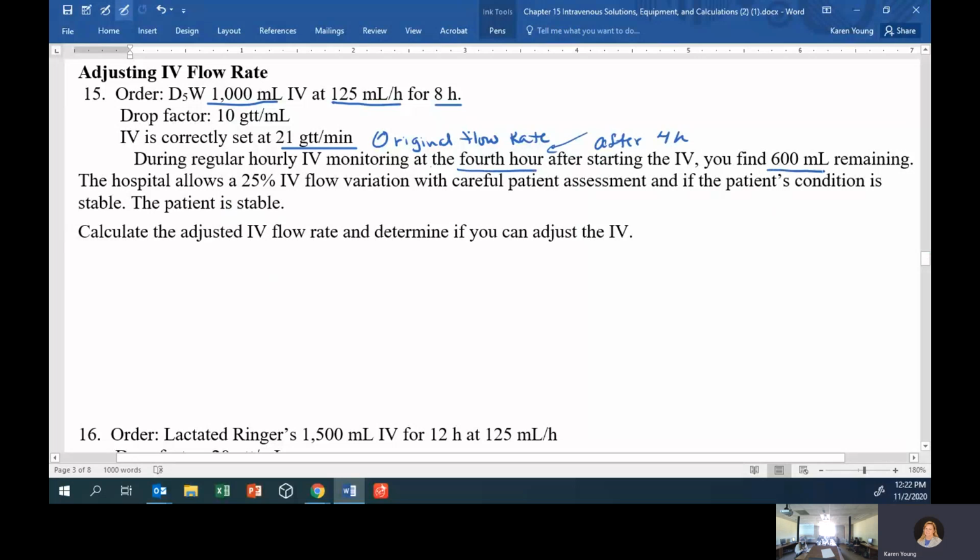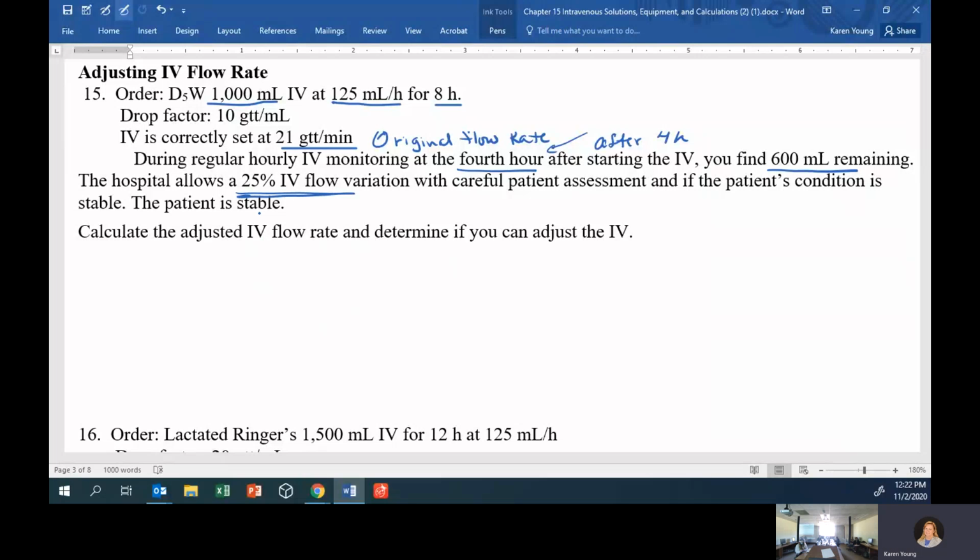The hospital allows a 25% IV flow variation, and that'll make sense in a minute. This is standard for us. We'll use that 25% mark on all these problems, with careful patient assessments and if the patient's condition is stable, and our patients will always be stable.